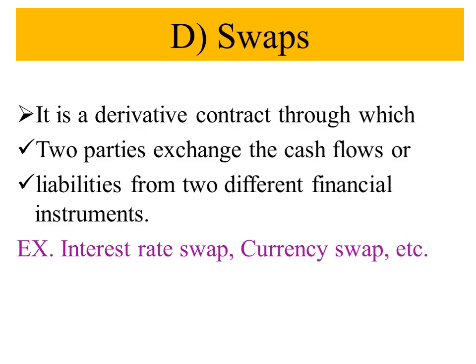If your interest rate is flexible, or floating, and my interest rate is fixed, and you need to have fixed interest rates, and I need to have flexible interest rates, so we can swap between us. That is the meaning of swap.